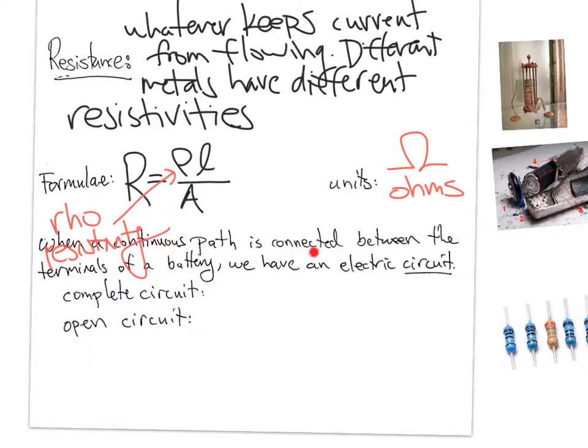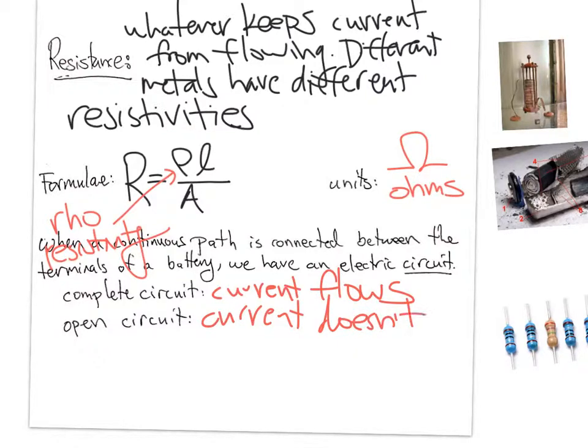What do I say? When a continuous path is connected between the terminals of a battery, we have an electric circuit. So a complete circuit is one where current flows, and an open circuit is one where current doesn't flow. And here's a diagram.